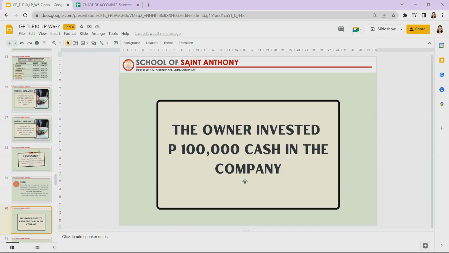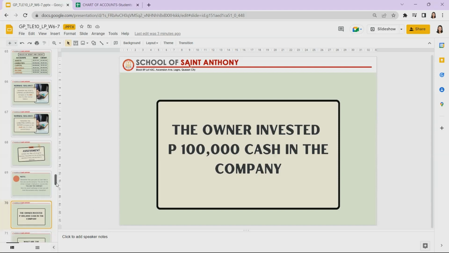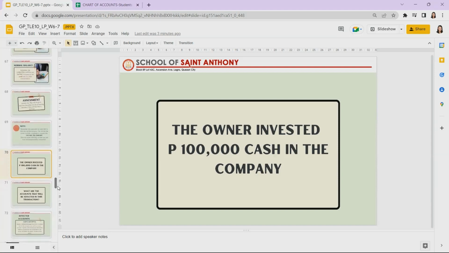We are only using the account title cash in bank if we stated that the company or the third party used a check. So we have the rule in accounting that we should not assume unless otherwise stated. Since it is not stated here that they used a check, we're not going to use cash in bank. We must use cash on hand, meaning the cash is on hand.